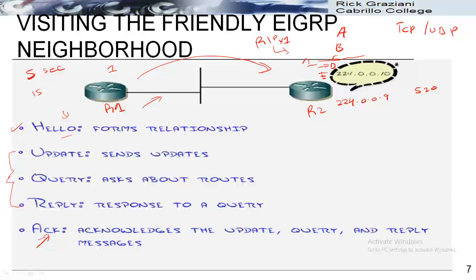EIGRP does not use either of these. It uses its own, I think it's called RTP, and this is not to be confused with the Real-time Transport Protocol used with VoIP. You might need to refer to the notes, but I think it's protocol 88.